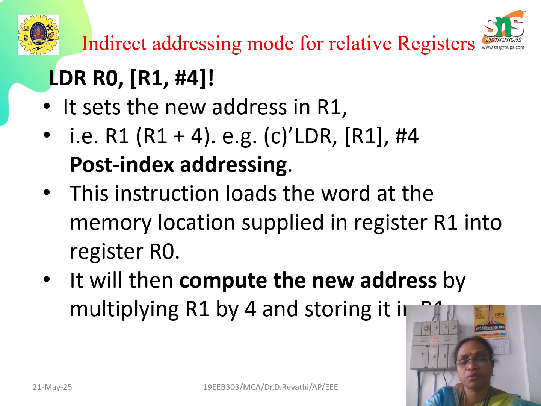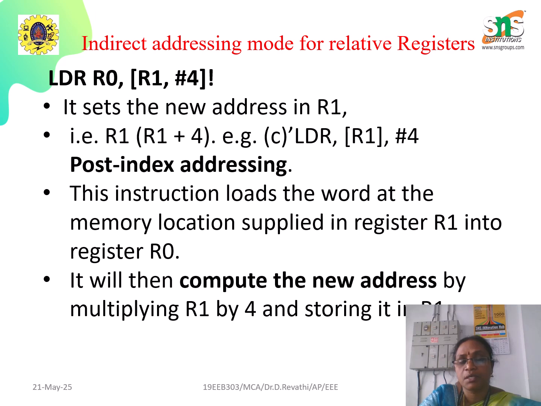And this is for post-indexed. In post-indexed, we consider the same type of instruction, with a different symbol like this. First, the word at R1 is moved to the R0 register. What information does R1 hold? That 32-bit word is transferred to R0.